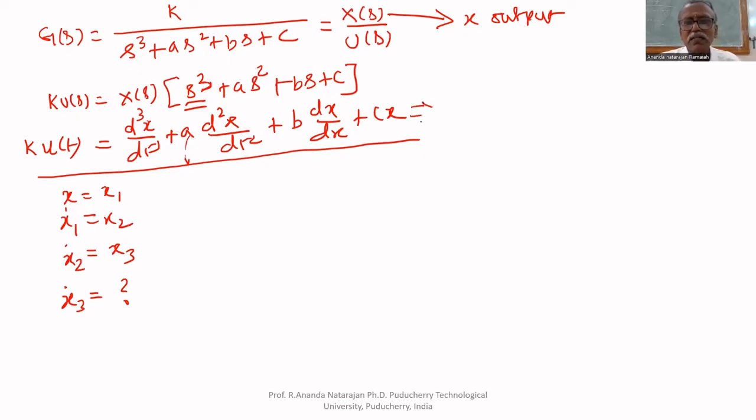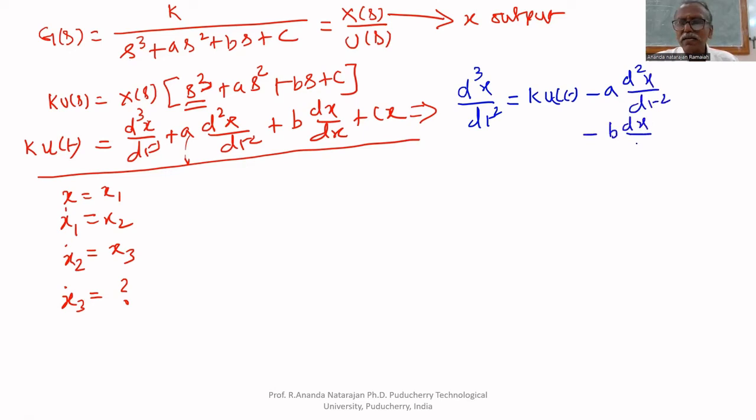Here, this can be written by keeping d cube x by dt cube on one side and all other variables on the other side. What you will get? D cube x by dt cube equal to k u of t minus a d square x by dt square minus b dx by dt minus cx.